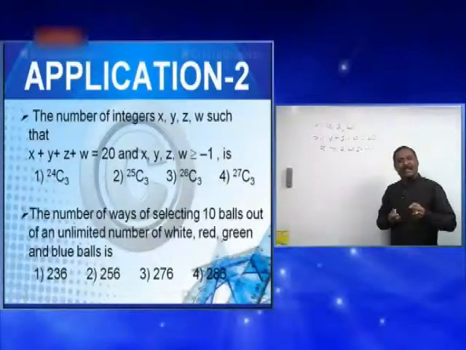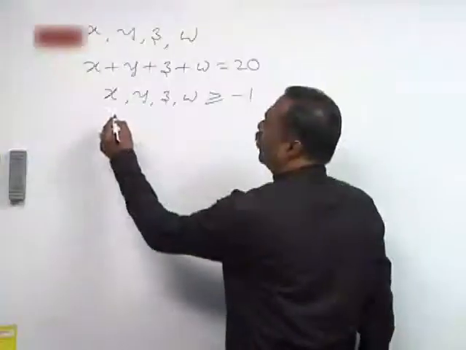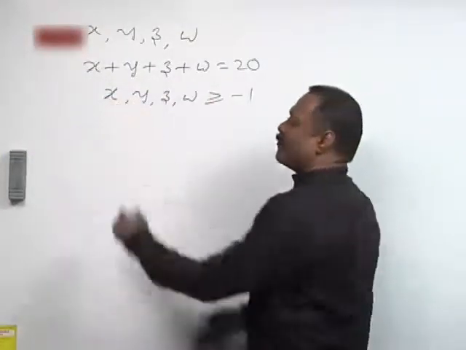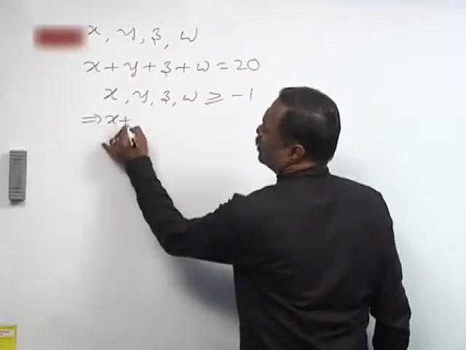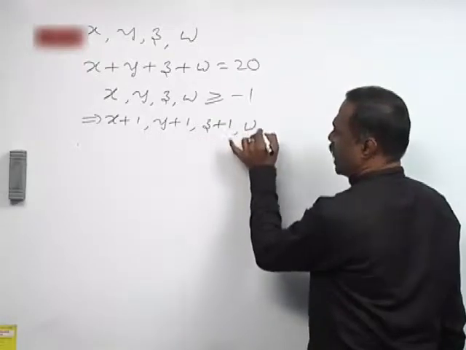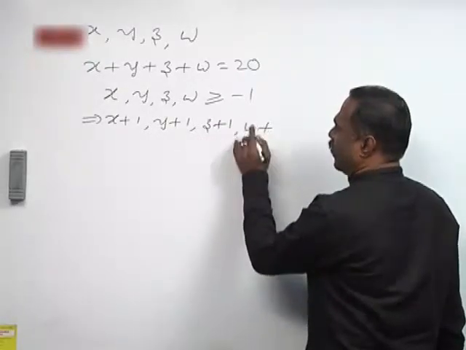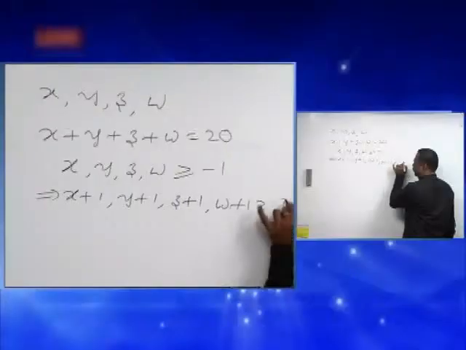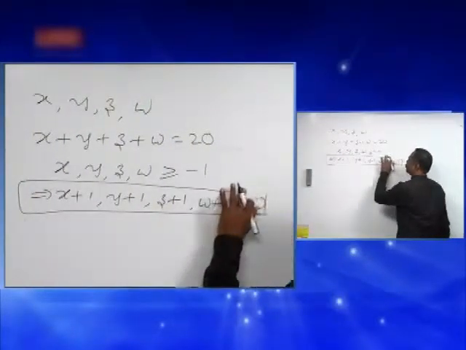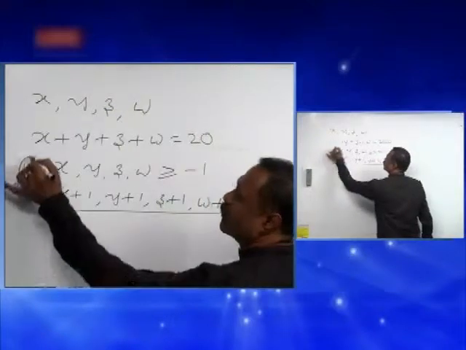So let us make a little modification like this. We take this to the other side. Then what will you get? x plus 1, y plus 1, z plus 1, w plus 1 in this case are greater than or equal to 0. Understand this carefully.